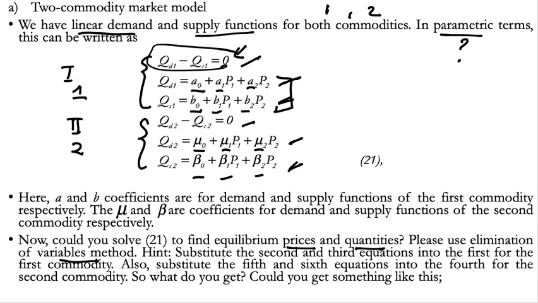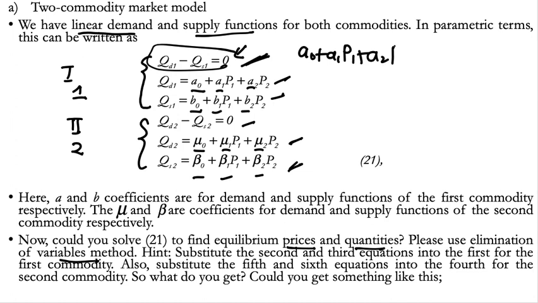If I write it properly, let me erase here so that I can have some space. Following this condition, we need to do this minus this: a0 plus a1 P1 plus a2 P2 minus, b0 minus b1 P1 minus b2 P2, equals 0.